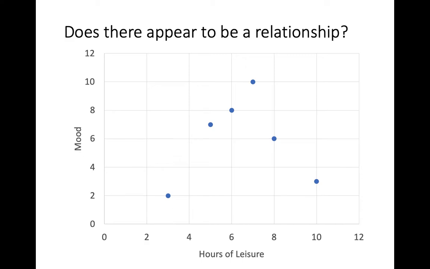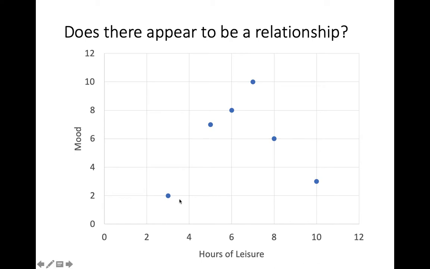Even though I'm going to discuss later in the lecture the well-known phrase that correlation does not equal causation, because we could see a relationship between two variables and that doesn't necessarily establish which one is the cause of the other, we often just have our own theories in our mind about which variable is likely to come first and be the cause of the other. So it makes sense that in this case, we're going to suggest that hours of leisure would predict the mood that one is in. Anyway, what we see here is that we clearly have a curvilinear pattern.